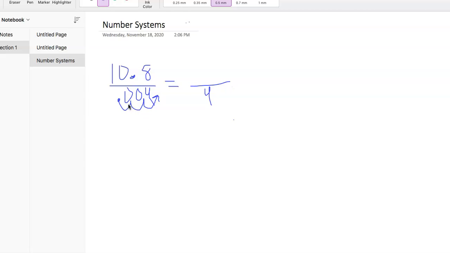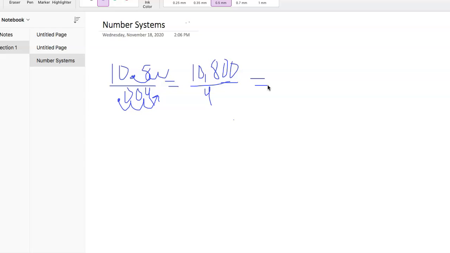This is the rule: because I went 3 places to the right in the denominator, I need to go 1, 2, 3 places to the right in the numerator. However, I only have 1 place to go, and so for these extra 2, I'm just going to add zeros, right? And so then what I end up having is 10,800 divided by 4. Okay, now it looks manageable, yes?